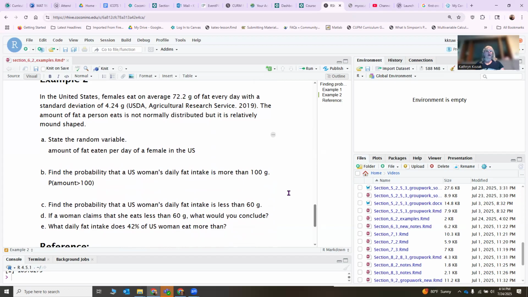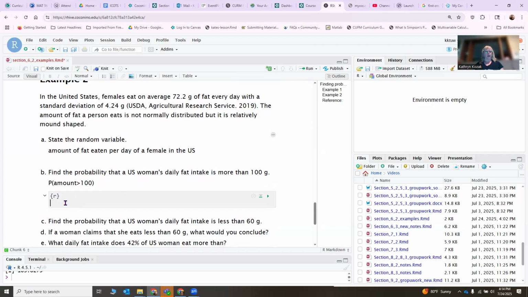So again, inserting my R chunk, I'm going to use the XP norm so I can just see what graph it looks like. XP norm, there we go. Again, it's going to tell me to put in that Q value. So I'm going to put in that 100. That's the value inside the parentheses. My mean in this case is 72.2. My standard deviation is 4.24.